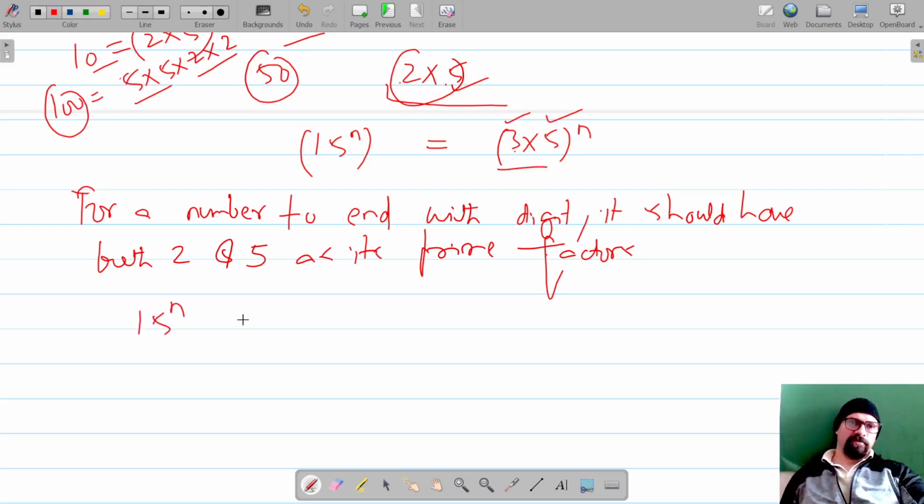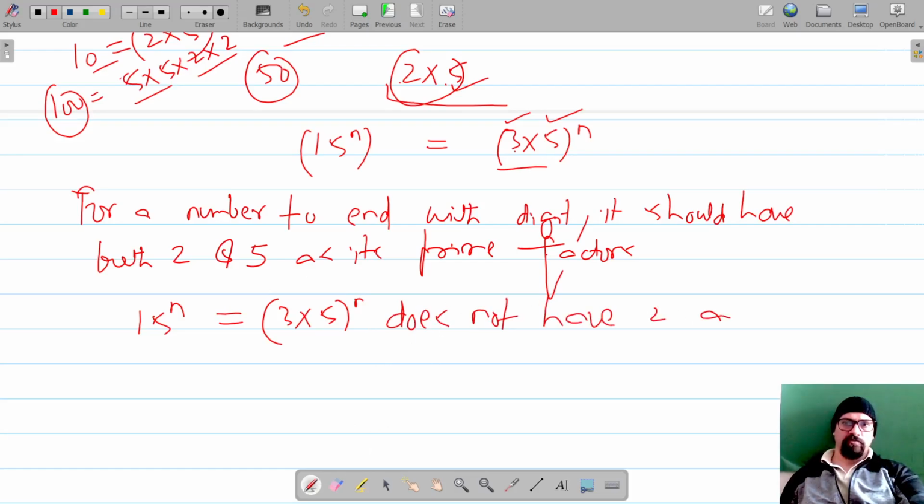So 15 raised power n, which is equal to 3 into 5 raised power n, does not have 2 as a prime factor. So it cannot end with 0.